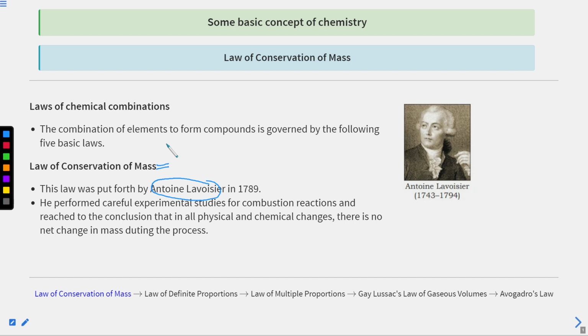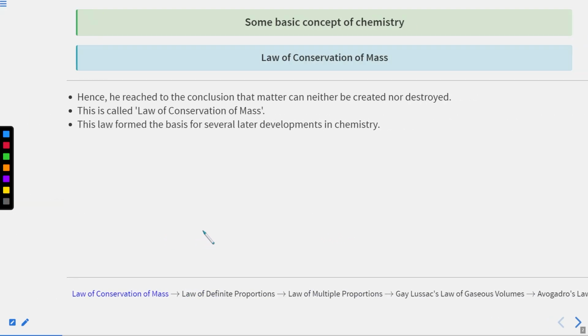If the reaction has not been completed, then the mass of the leftover reactants plus the mass of the formed product will be equal to the initial mass of the reactants we have taken. So, say for a combustion reaction, the physical and chemical properties change, but there is no change in the mass.